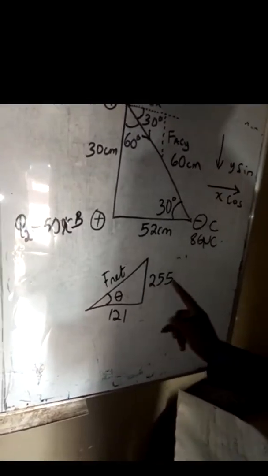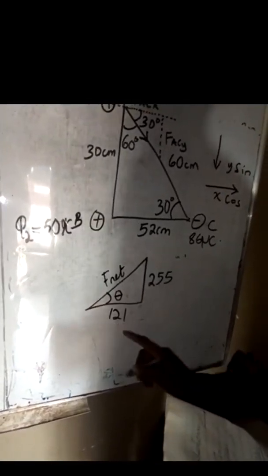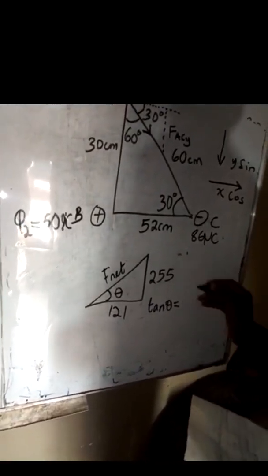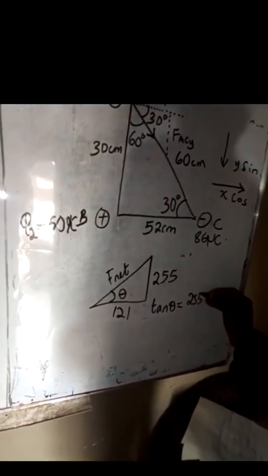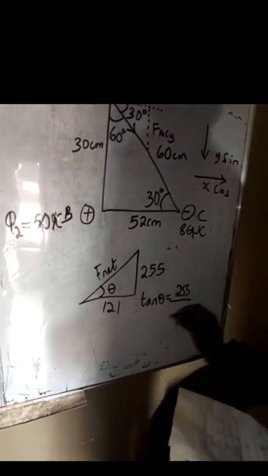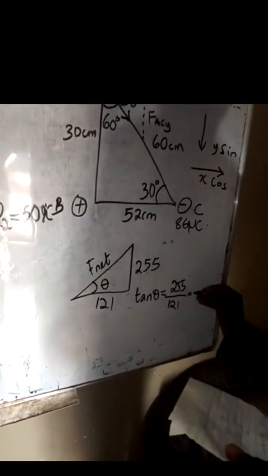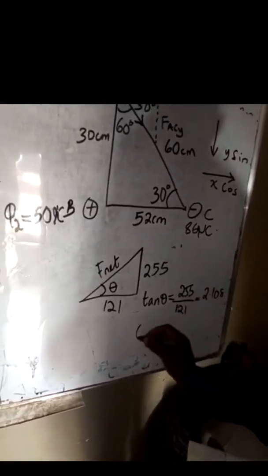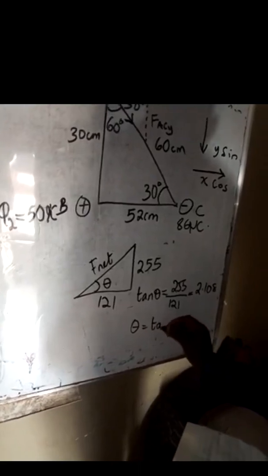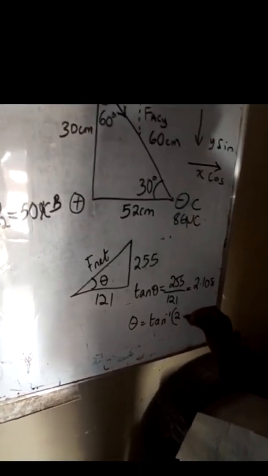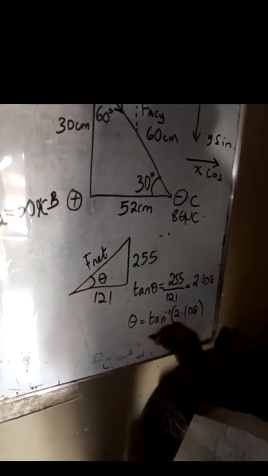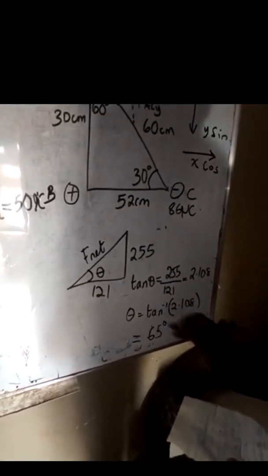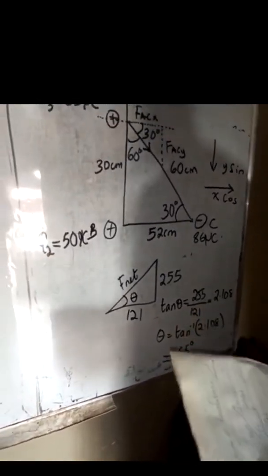You see, this is opposite over adjacent, and that is tan theta, isn't it? Tan theta is equal to opposite, which is 255, divided by adjacent, which is 121. This will give you 2.108. So you can make theta the subject of the formula, and that will be tan inverse of 2.108. And at the end of the day, your answer will be 65 degrees. So that is the angle of resolution.